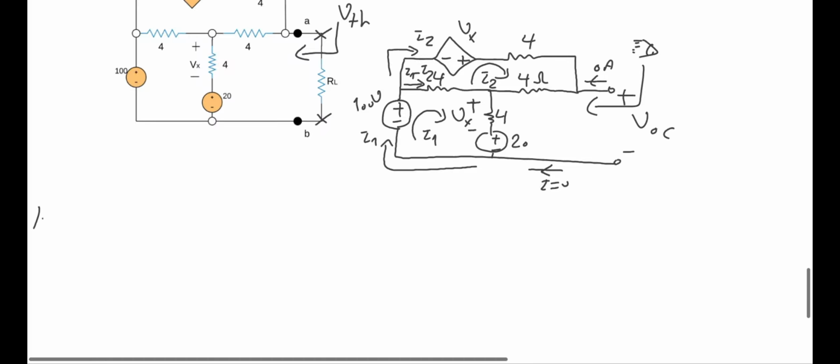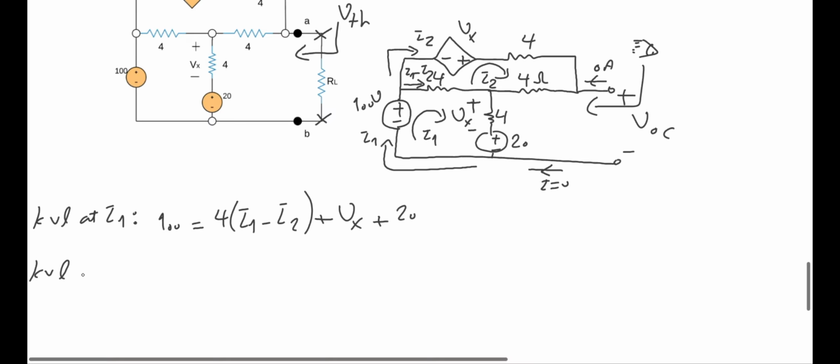So KVL at loop 1, which is I1, I have 100 volts over here. That's I1 minus I2 times 4. And then I have plus Vx and plus 20. And then KVL at loop 2, which is this loop over here.